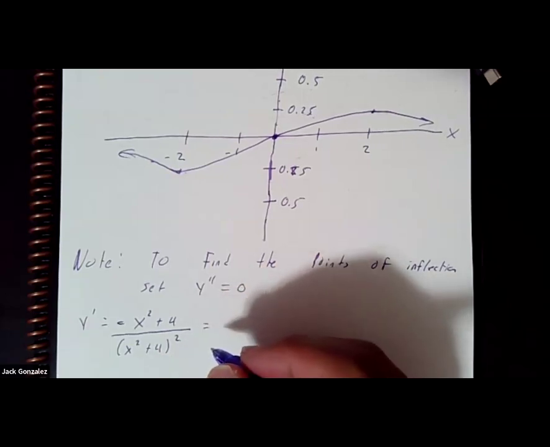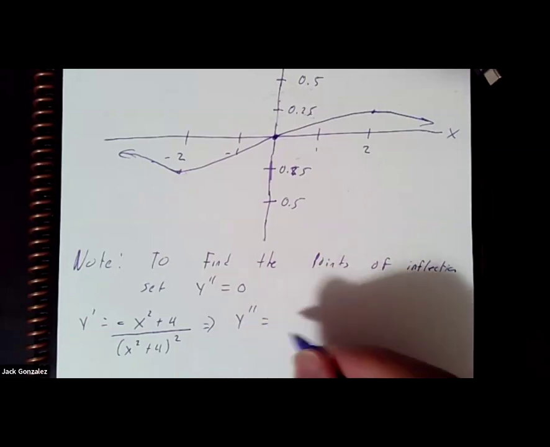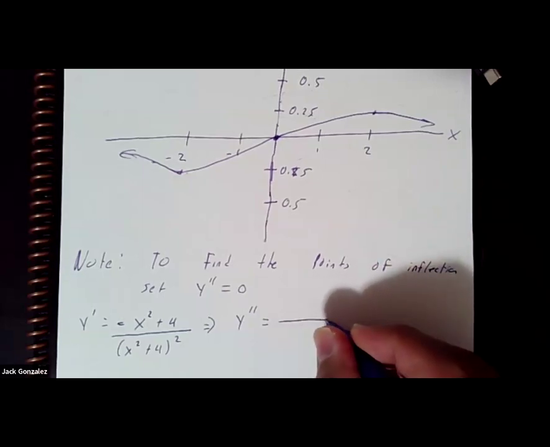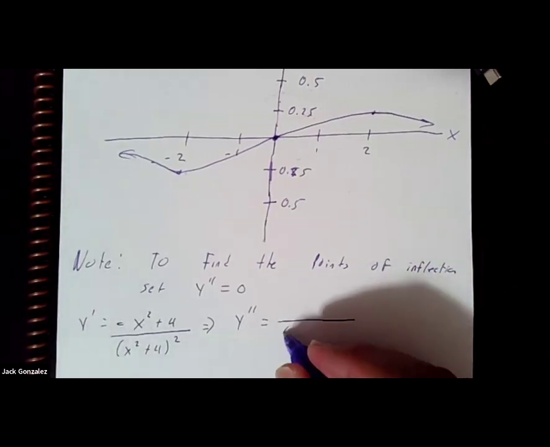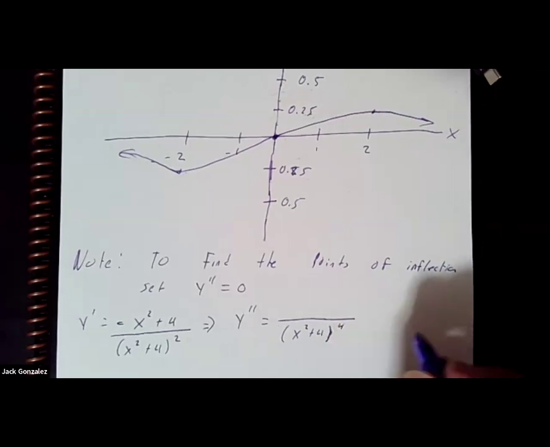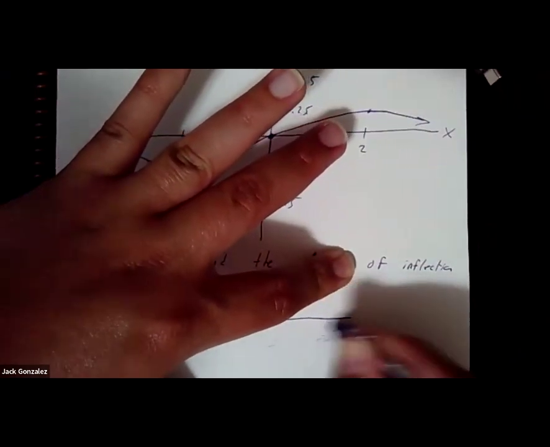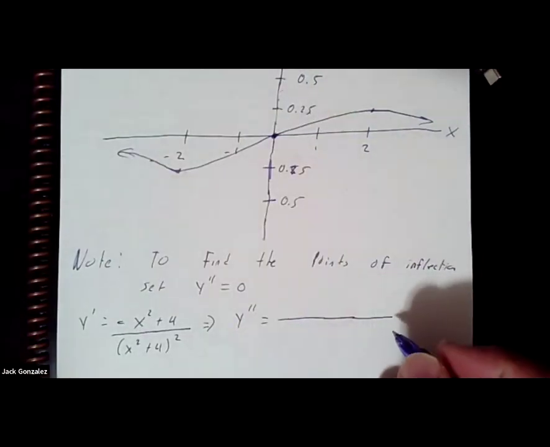That implies that the second derivative would be equal to, excuse me, square the bottom and do a quotient rule. That's going to need more space.